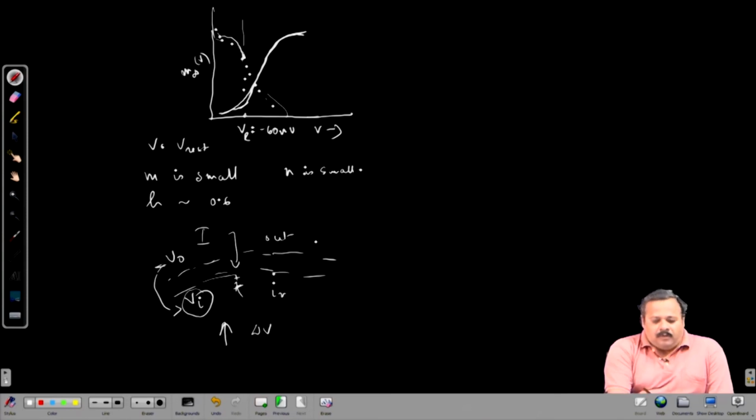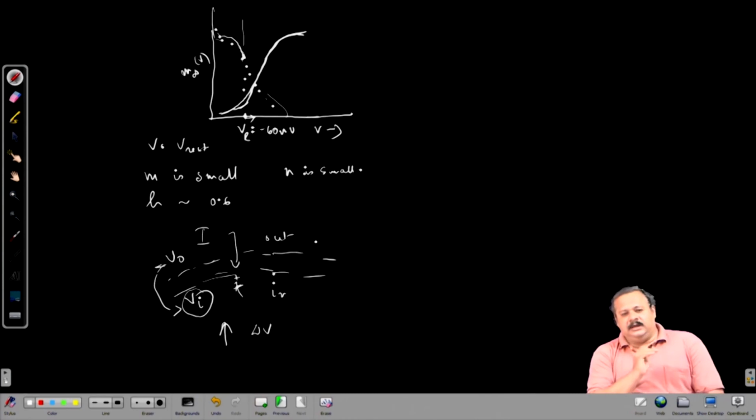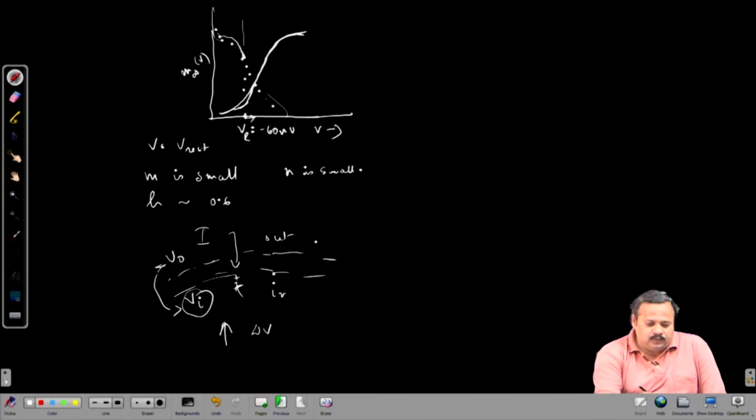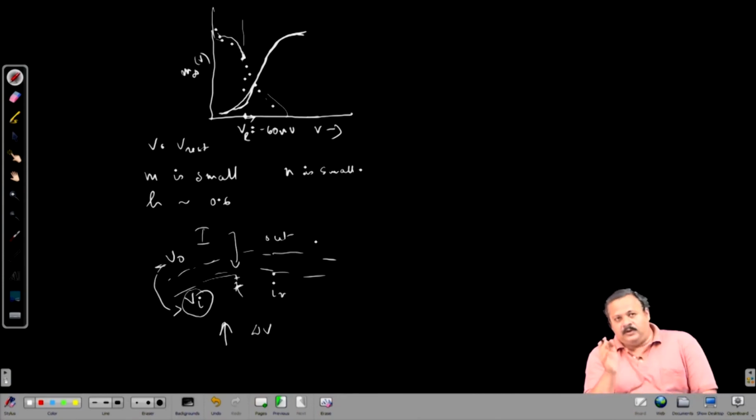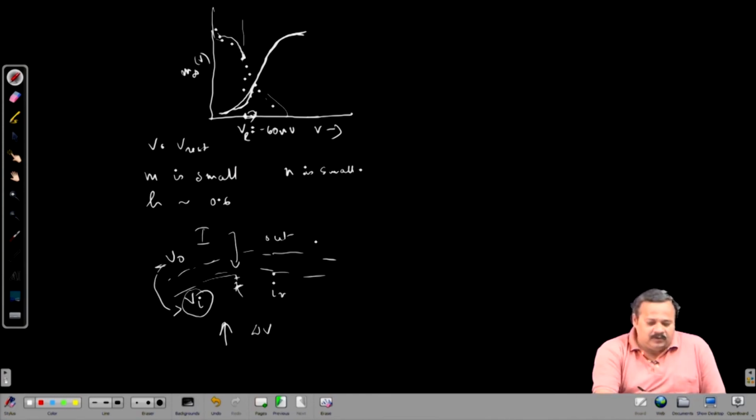So, from V rest, because of the current injection, the system moves to the right slightly, let us say. Because of this movement to the right, this small depolarization, which is the increase in voltage, there is an increase in the value of M. That is, the probability of the sodium channels being open increases from this particular value to that value.